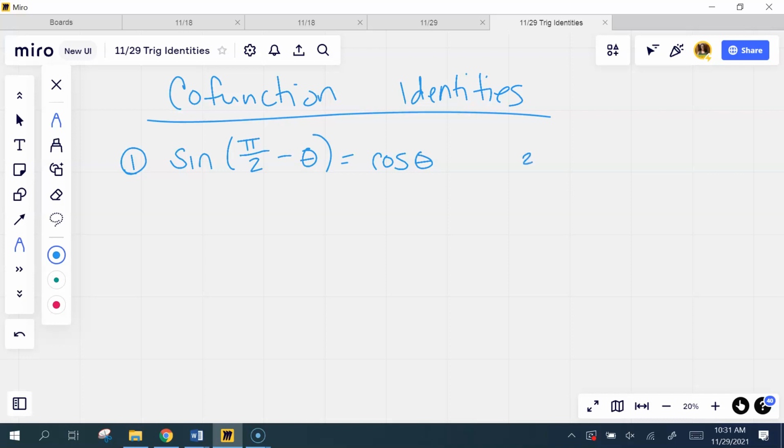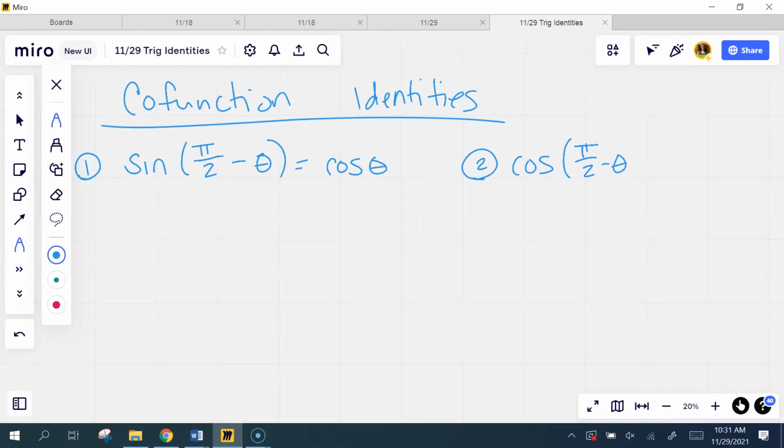So then the second one here is the cosine of pi over 2 minus theta is equal to the sine of theta. That's just the angle measure. It could be pi over 2, it could be pi over 4, it could be pi, 30 degrees, whatever.